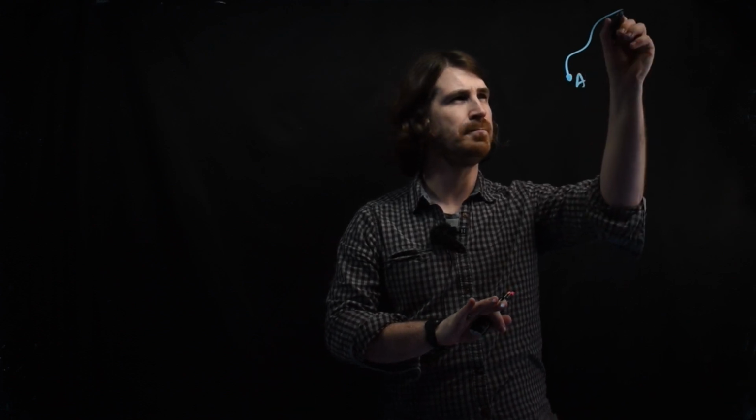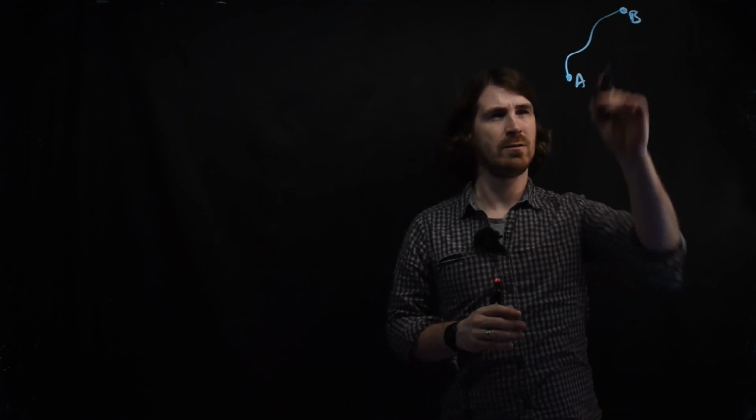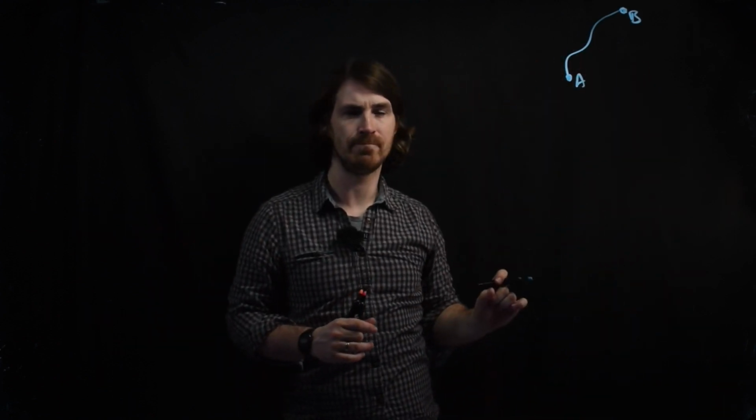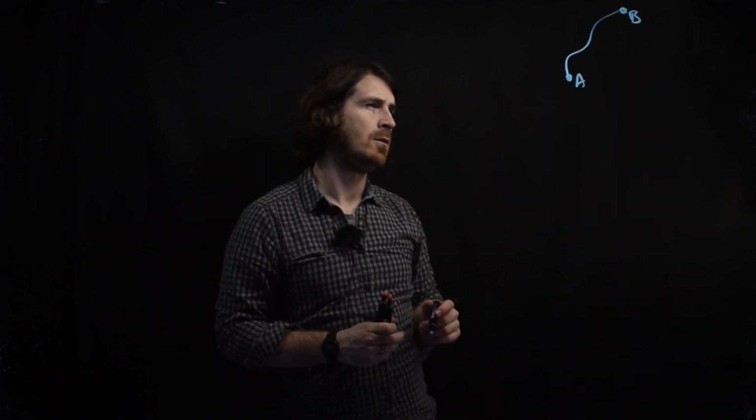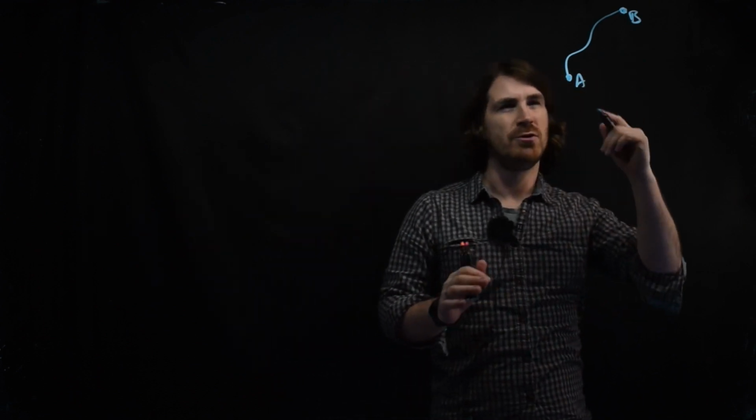So let's think about a curve. Here is a curve, and it goes between two points A and B. And the question is, what is the length of the curve between A and B? We can think of it intuitively first.